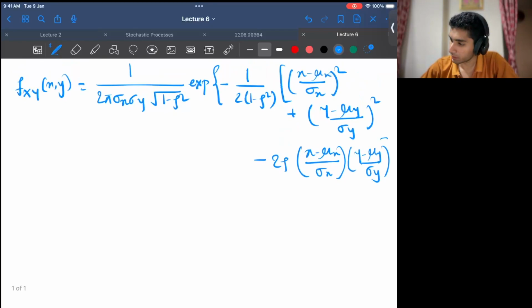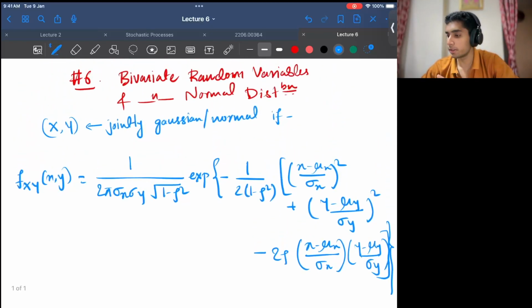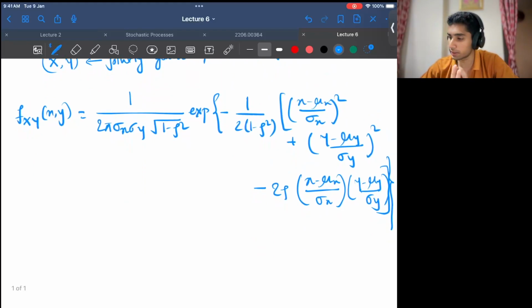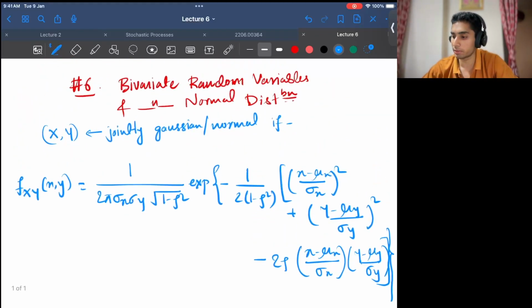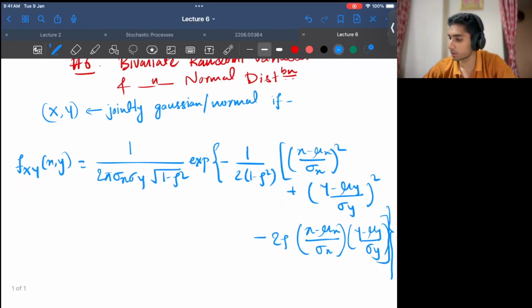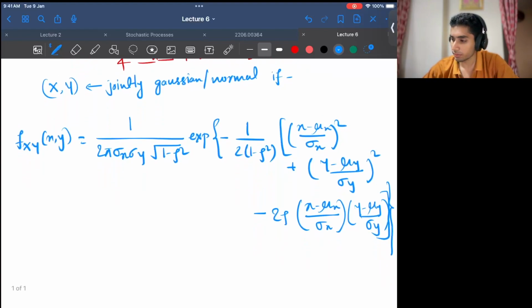Okay, this much. So if two random variables have this joint density function, then we say that they are jointly Gaussian, or bivariate normal random variables, so to say, right?